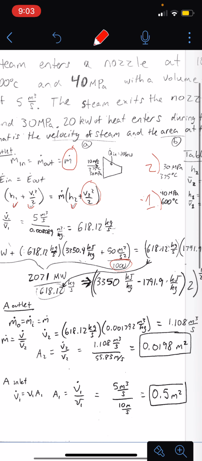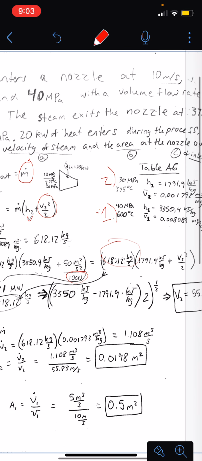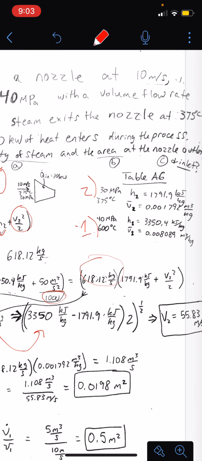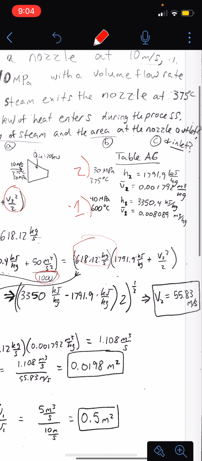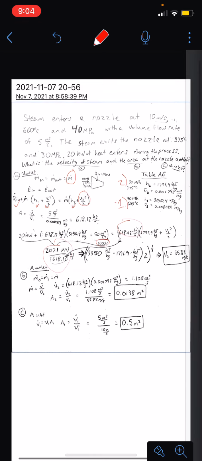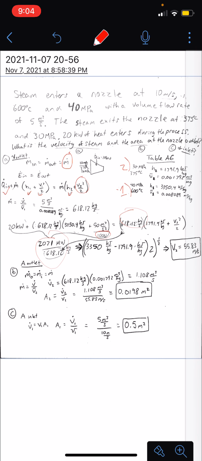I divided that by 618 from there. Then I subtracted 1791.9 from the right over to the left, multiplied it by 2, and took the square root of it. So V2 yields 55.83 meters per second. So that's the velocity of steam at the outlet.